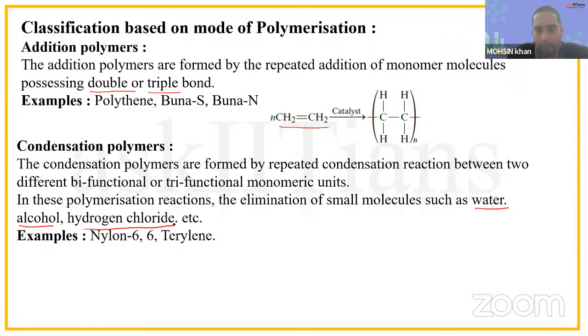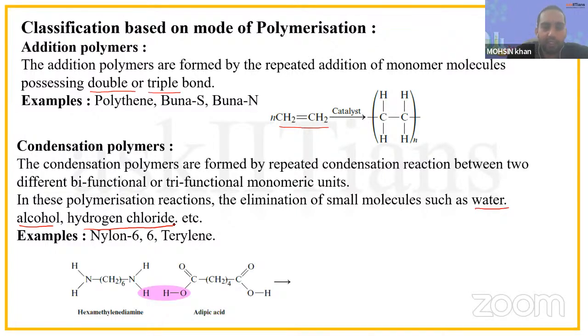Let's see this by giving the chemical equation. We have two monomeric units, hexamethylene diamine, NH2(CH2)6NH2, and adipic acid, with COOH on both sides of the molecule. What happens? A water molecule will be removed by the condensation of hexamethylene diamine and adipic acid.